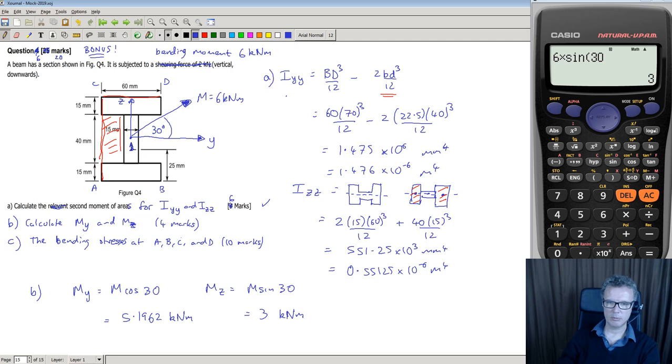So, the bending stresses. Right, so when the arrow's pointing somewhere, you've got to imagine that you're using your right hand. Your right hand goes around it, and your thumb points in the same way as the arrow. Then your fingers tell you which way it's curling around.